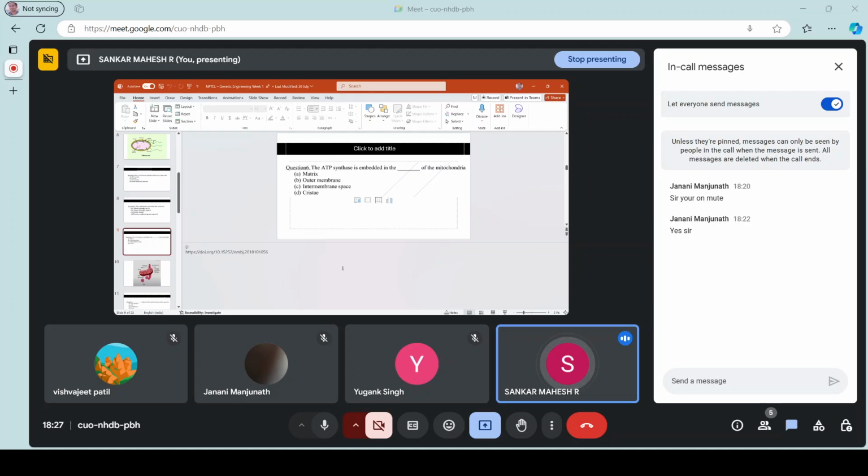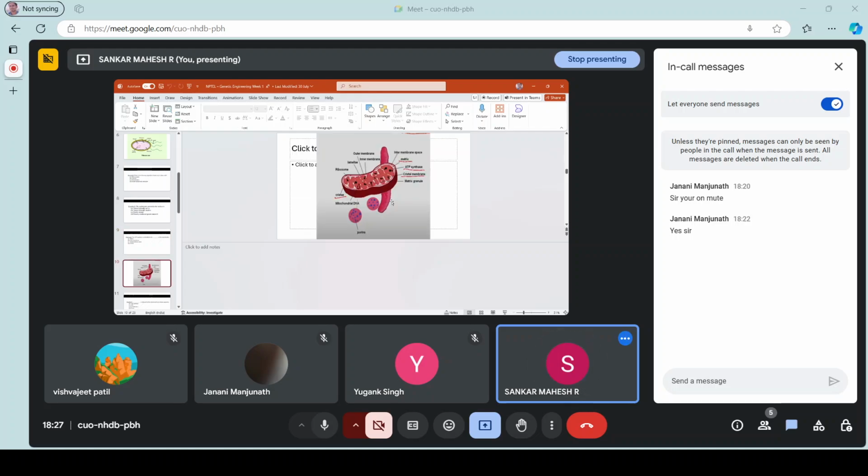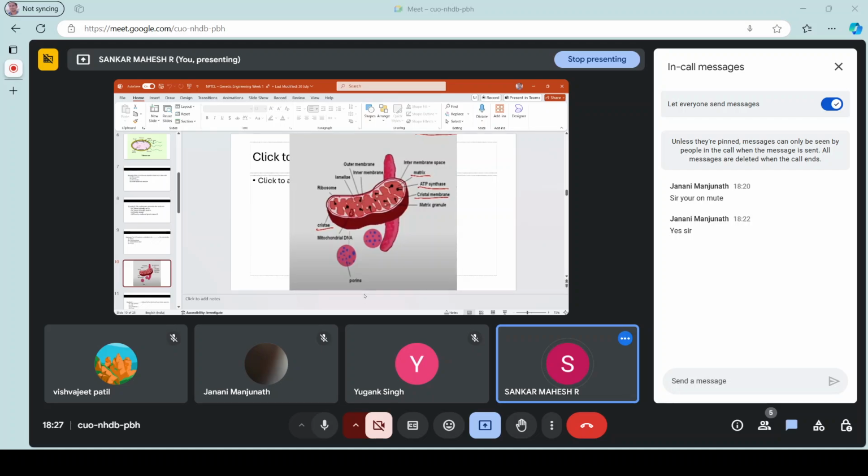Then we also looked at specific organelles like the mitochondria. Here they show the cross section of a mitochondria. Mitochondria is one of the very few organelles that have an inherent DNA within them.